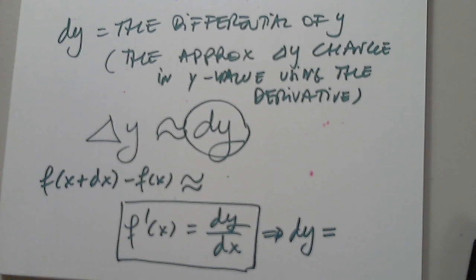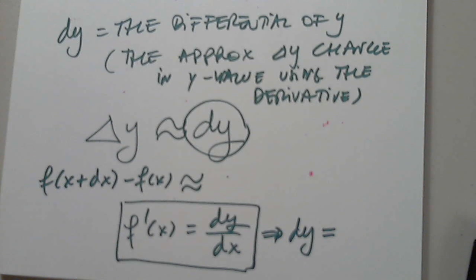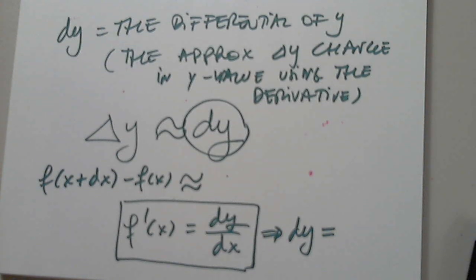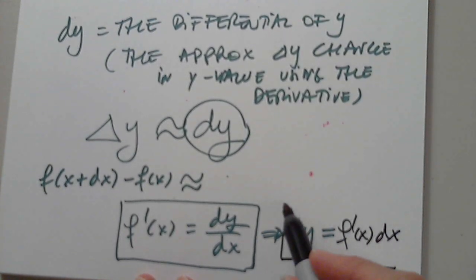How will you solve this equation for dy? Anyone, please? Multiply both sides by? dx. That's it. So f prime of x times dx.